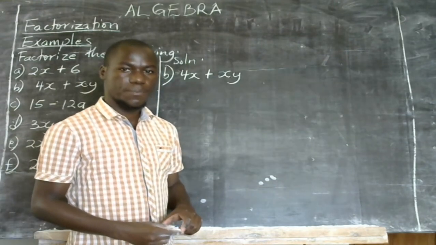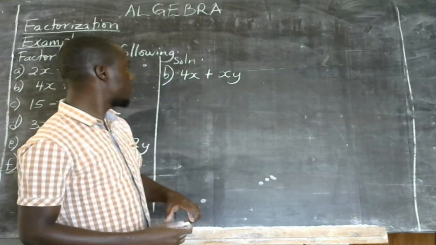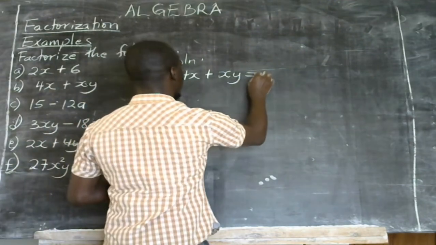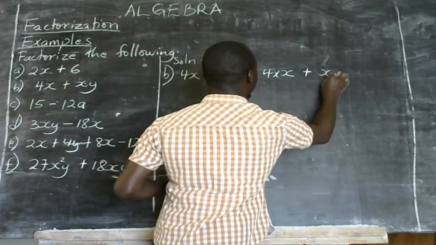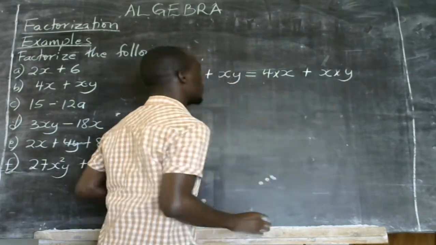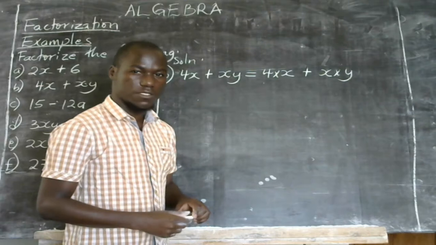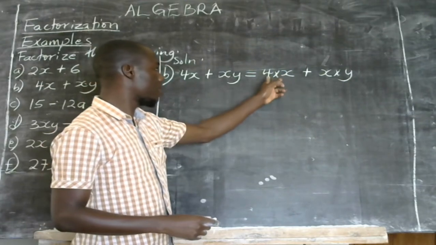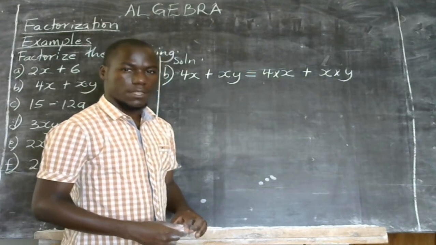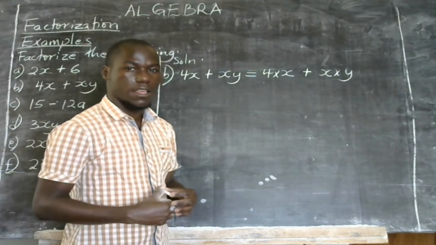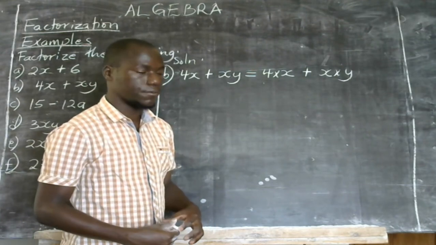The part B, when you look at it, we can rewrite it as 4 times x, then plus x times y. When you look at those 2 terms, you can see that x is multiplying the 4, and there also x is multiplying the y. Therefore, the x becomes the common factor.